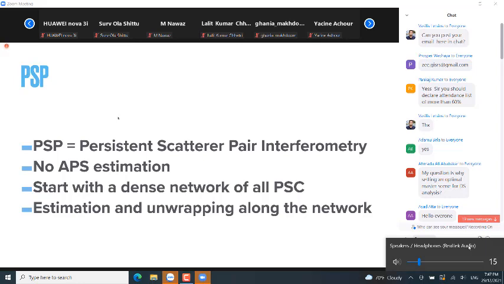But if you do that well, if you follow them well throughout your network, if you have ideally also different layers of the network, then you can do that quite well, and just then compare these pairs along the network and follow and unwrap along the network. And then you do not need to have an APS estimation at all.